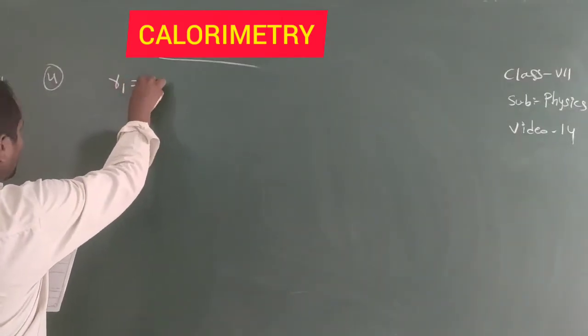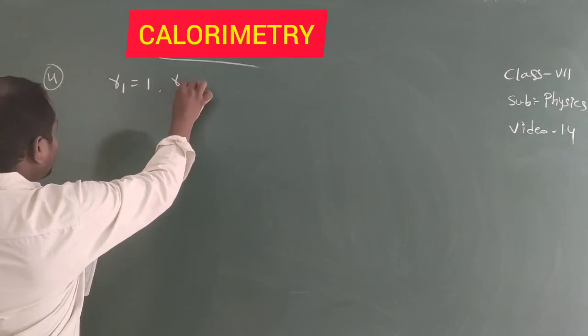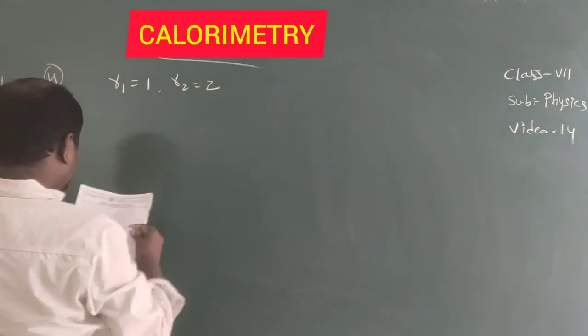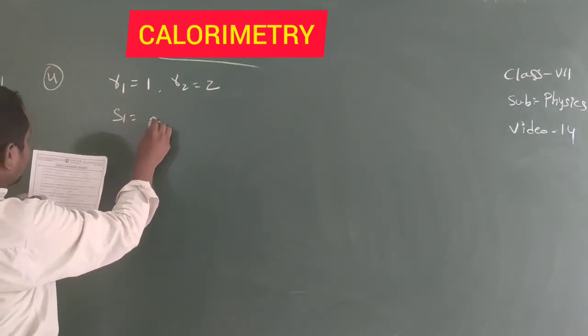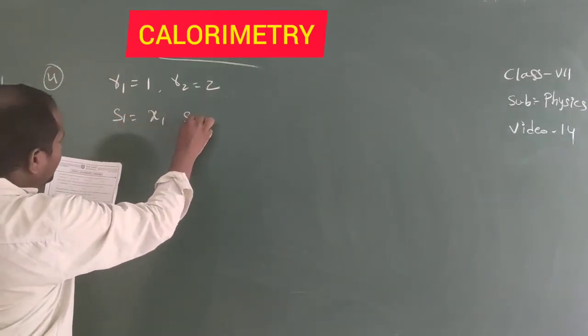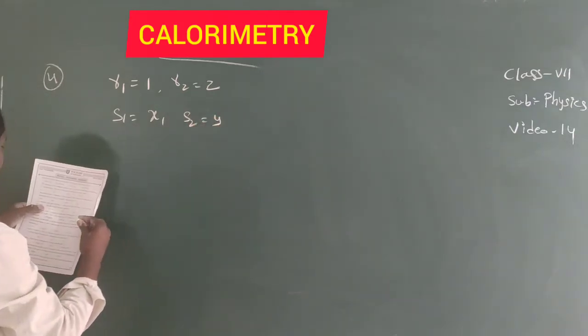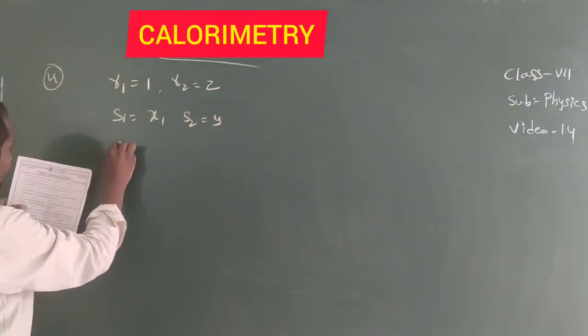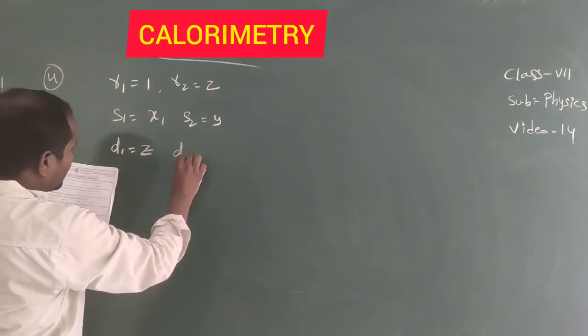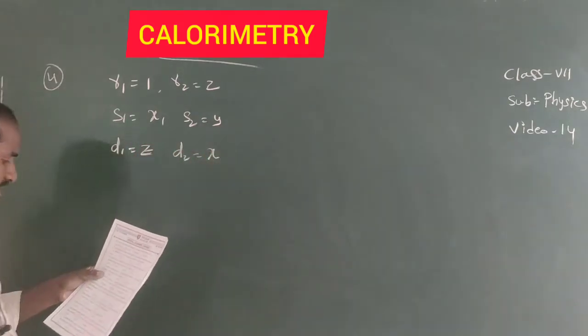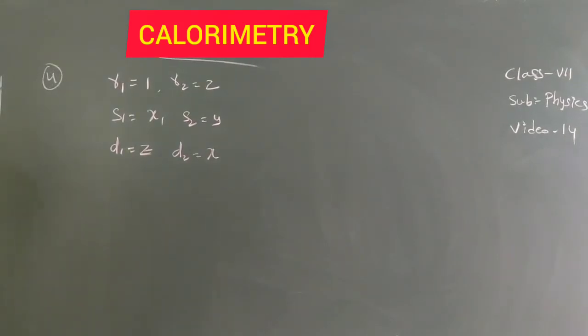So first sphere radius equal to r1 equal to 1 and r2 equal to 2. Next s1 is given. First sphere specific capacity equal to x and s2 equal to y. Next density d1 is given, that is z, and d2 equal to x. Then find the thermal capacities.